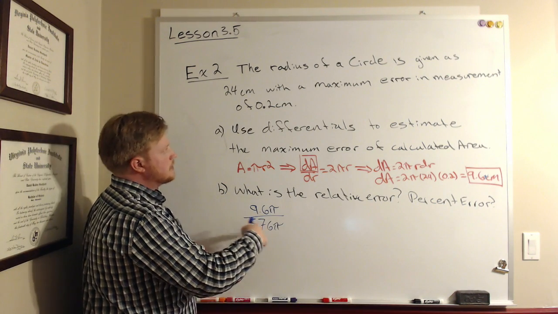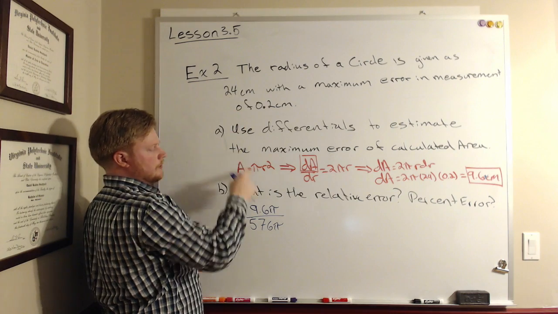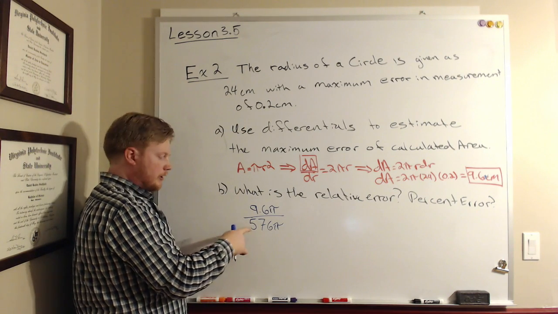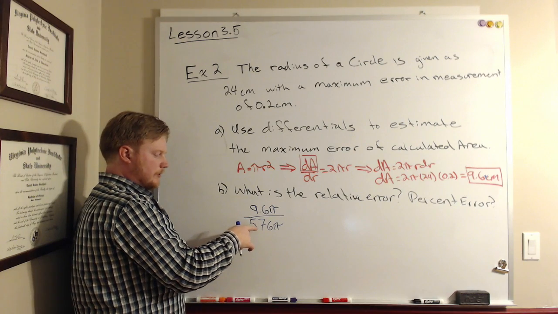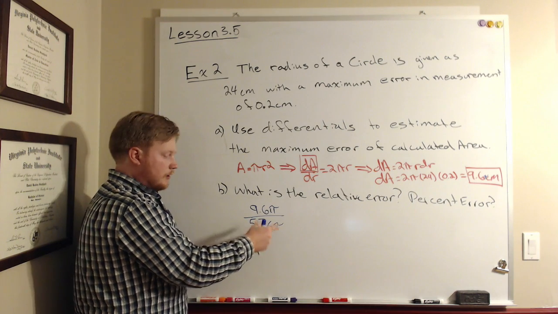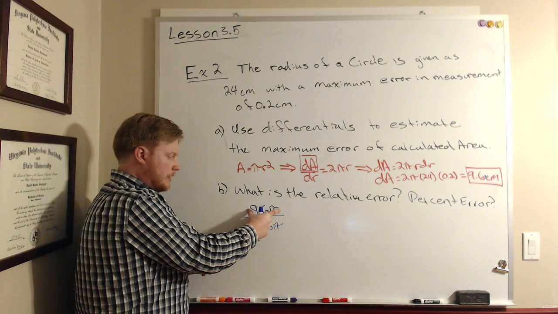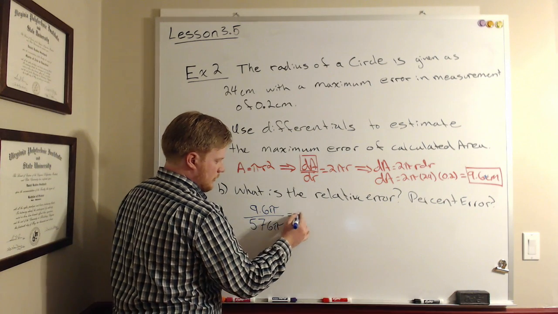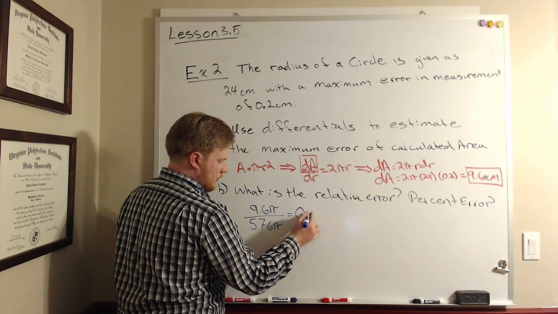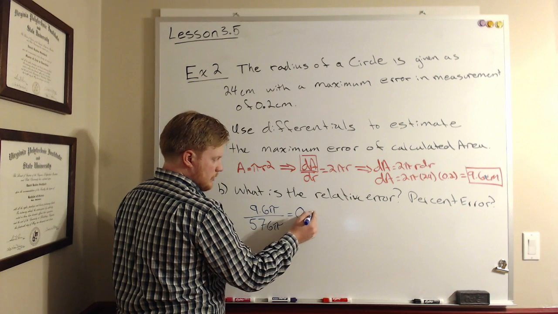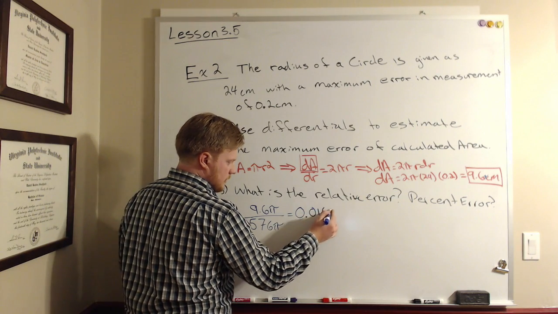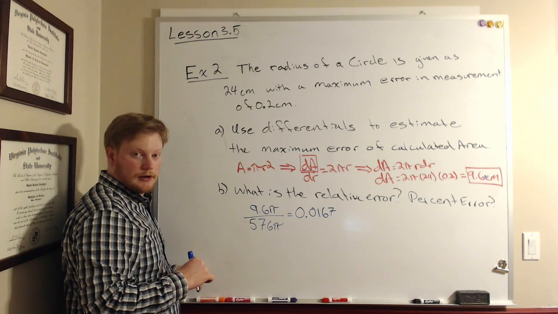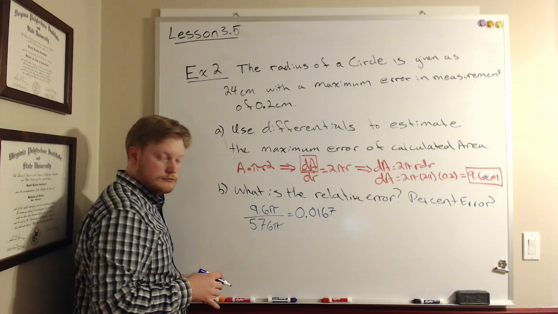Okay, and I just got that by using 24 and finding the area. So what should the area be? The area should be 576 pi with a total maximum error of 9.6 pi, for a grand total of 0.0167. Okay, so that would be my relative error, which is fairly low.